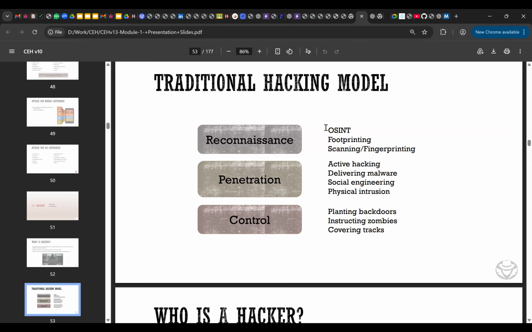We deliver our malware, we can use social engineering techniques, and we can perform physical intrusions into the system. Control means we plant backdoors, we instruct zombies or create bots, and then we cover our tracks so that we go undetected. So that is control.